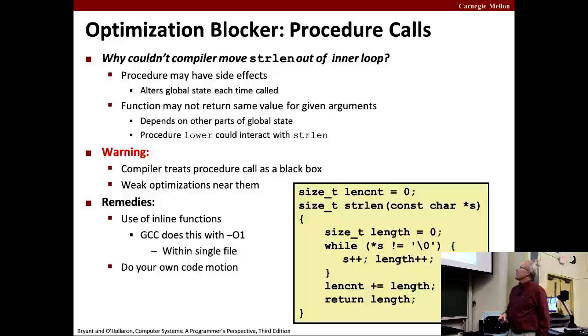One is, if you look at the code here, it's modifying the string, and we're calling strlen on it. So the compiler would have to be pretty careful in its analysis to figure out that even though the string is changing, the result you're going to get from strlen is not going to change.